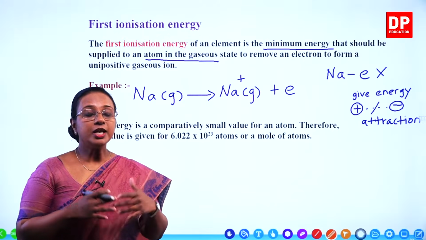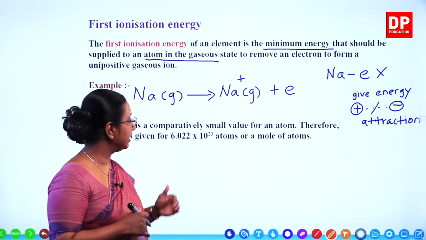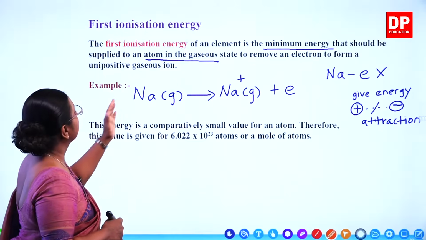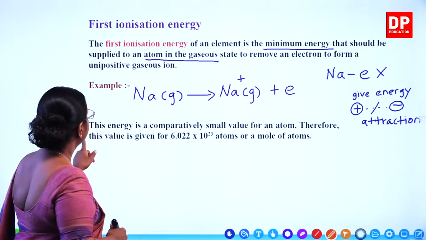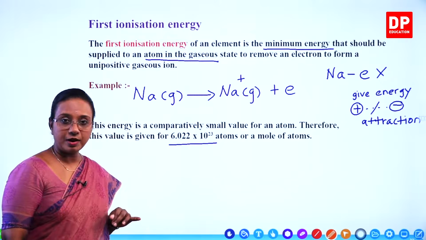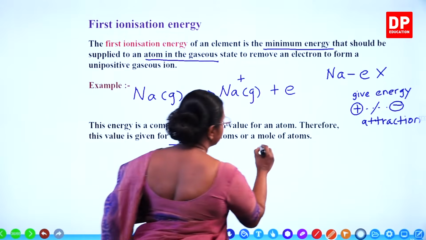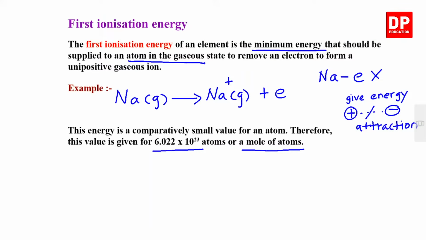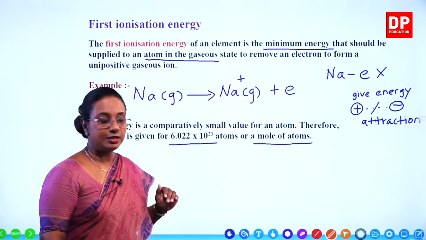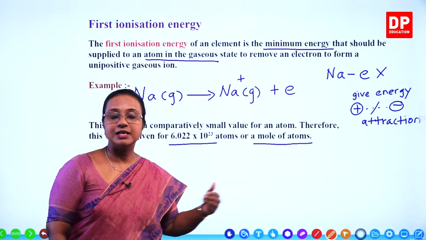So therefore, in order to obtain a value that is significant, we calculate the energy for 6.022 × 10^23 atoms, which is equal to 1 mole of atoms. We will discuss what this value is and what a mole of atoms is in a later lesson.